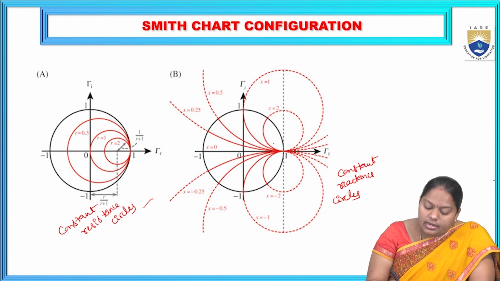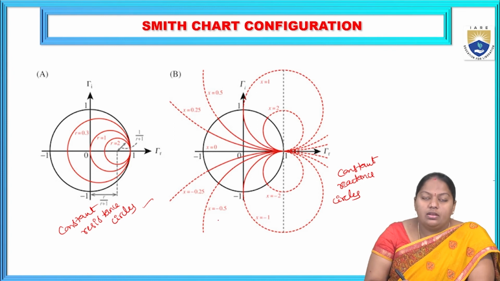The circle intersection means circles along with the arcs. If you combine those two, it looks like the Smith chart, which has the impedance parts, Z equals R plus jX.